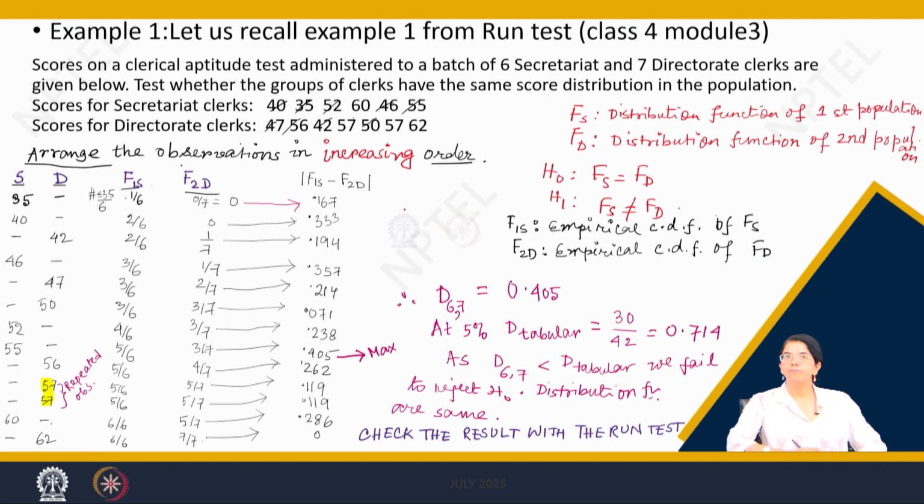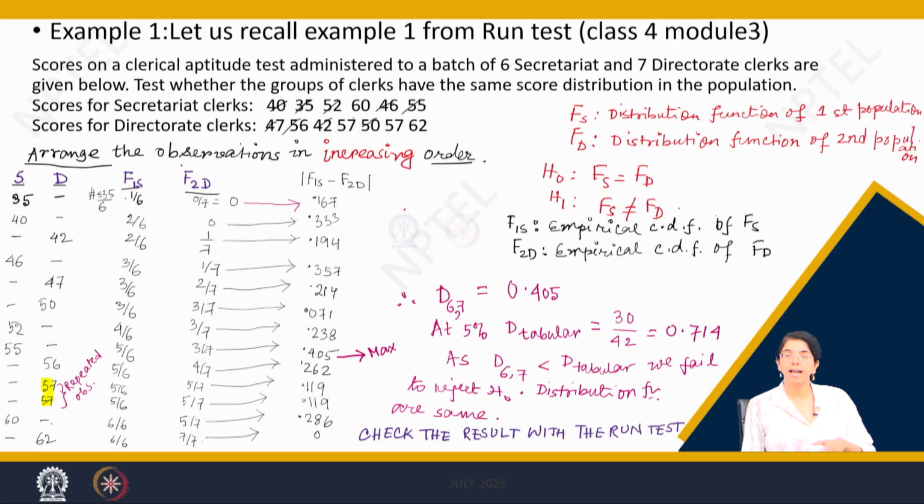Let us have an example, because unless you solve an example, you cannot fathom out the essence, the beauty of the test statistic and how this test grows. So what is the example? Scores on a clerical aptitude test administered to a batch of 6 secretariat and 7 directorate clerks are given below.